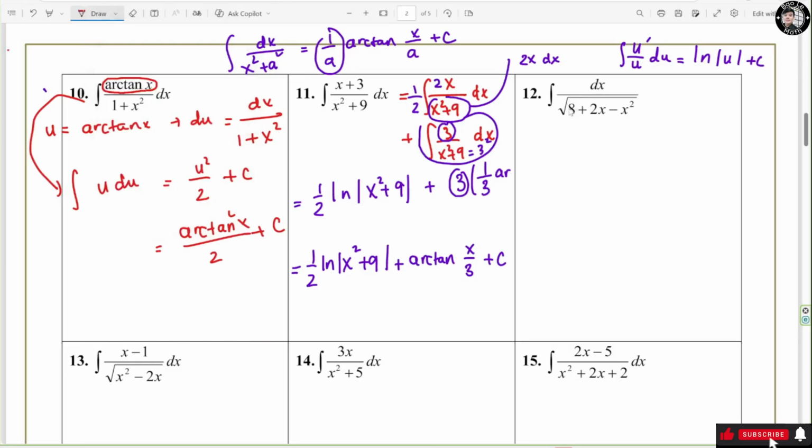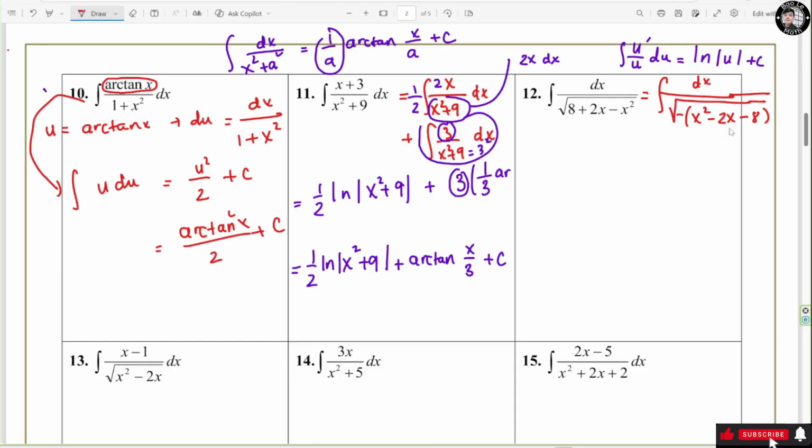Now question 12. Look at the bottom, we need to make this a complete square, right? So I just rewrite this as the antiderivative of ds over the square root of negative, factor negative out, so it could be s squared minus 2s minus 8, right?